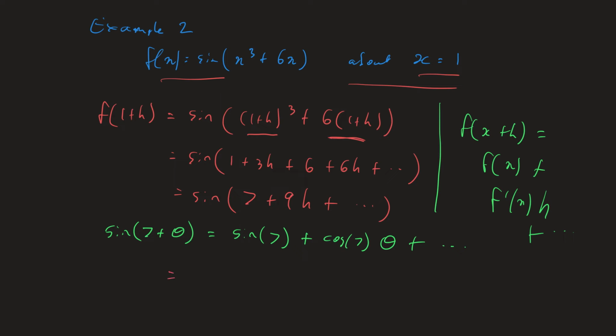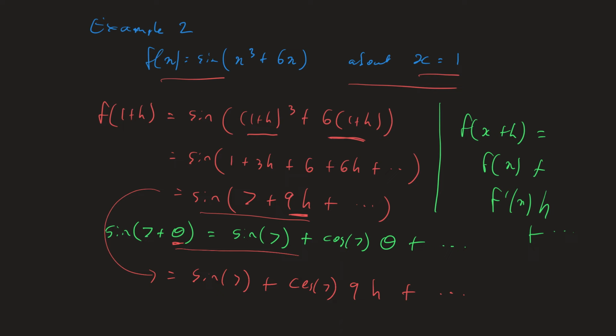Continuing from before then, we therefore get that f of 1 plus h is equal to sine of this, and that is equal to, from this equation here, sine of 7 plus, and now my theta is just 9h, so I've got cos 7 times 9h plus higher order terms.